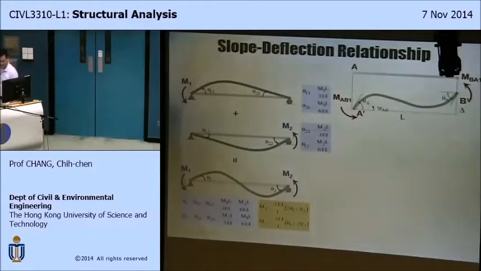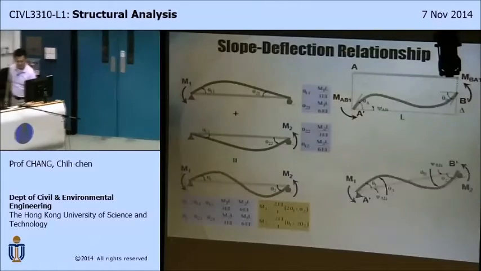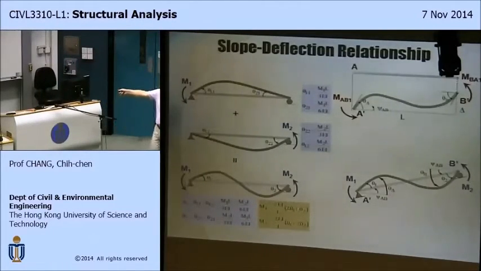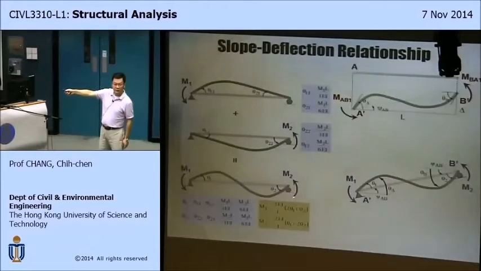OK. So one more step, and we are done. All you need to do is to tilt the whole structure, move the whole structure rigid bodily. From this position, you tilt up, give it a rigid body rotation angle of psi AB, and then you end up with a case like this.